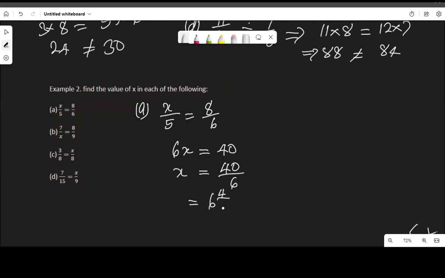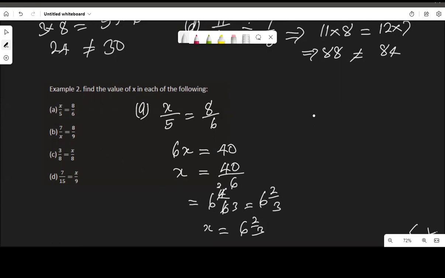So 6 whole number 4 over 6. Dividing by 2, we have 6 whole number 2 over 3. That is the value of x. In that case, x is 6 whole number 2 over 3.